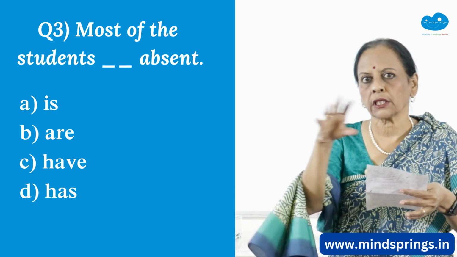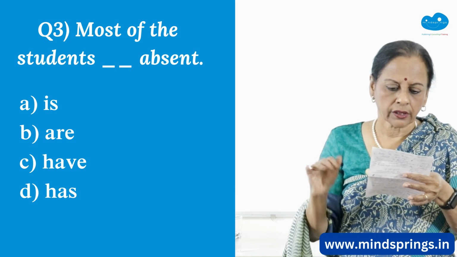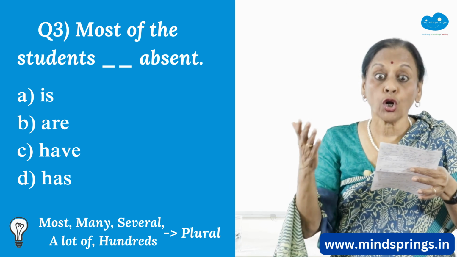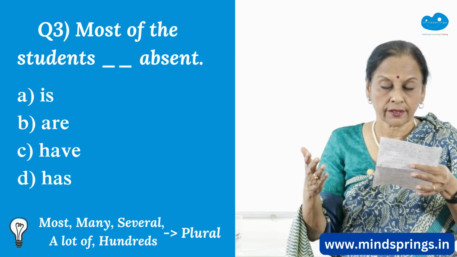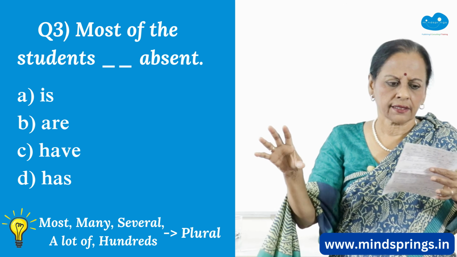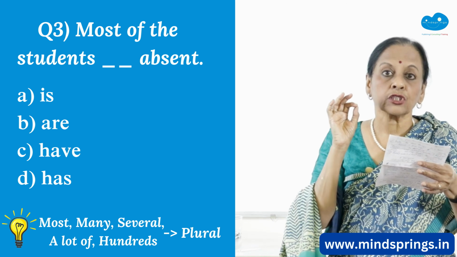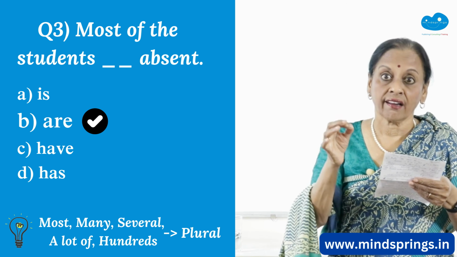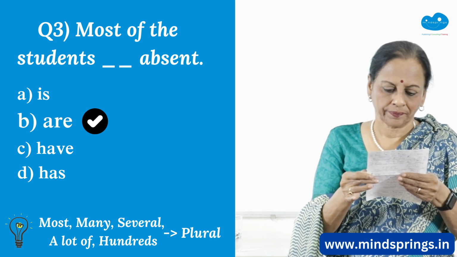So words like most, many, several, a lot of, hundreds or any number more than 1, when you get these, remember it is plural and you will use are as your option.